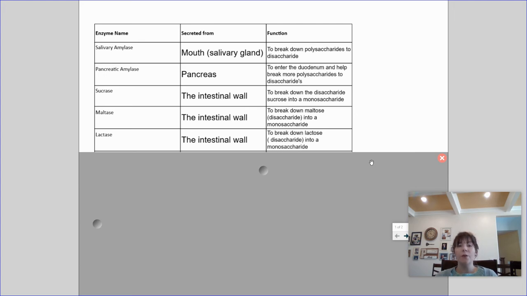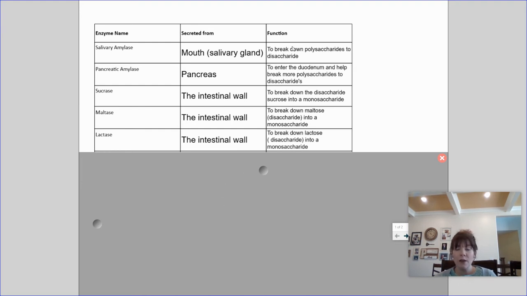Okay. So they are secreted out, all three, into the duodenum, where they take that disaccharide and break it down into some monosaccharides. Essentially, again, if you're eating a piece of bread and you break it down into maltose, okay, maltose will then be broken down into glucose and glucose via maltase. Okay, if you drink a glass of milk, okay, there's lactose in milk.